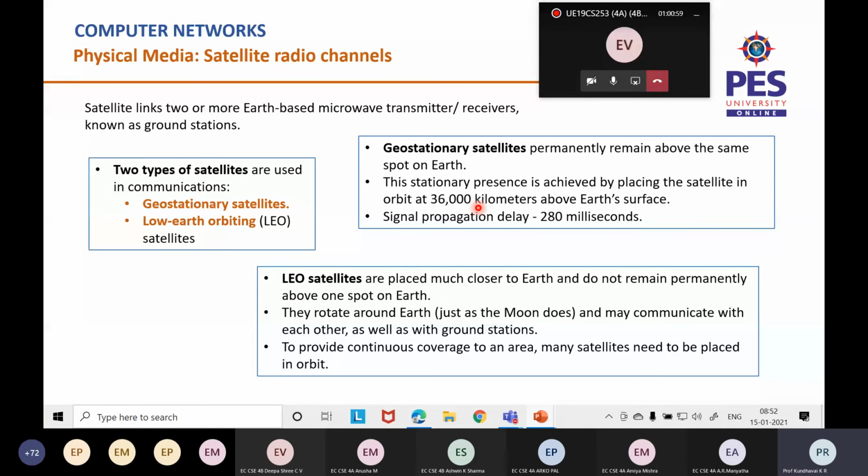Since the distance is much, there would be a signal propagation delay also, which on average is 280 milliseconds. Not much, but just 280 milliseconds. Because the distance between the satellite and the receiver or transmitter is too much, 36,000 kilometers. So that's the reason there would be a propagation delay. We'll understand what propagation delays are later. Just understand there would be a delay because of the distance.